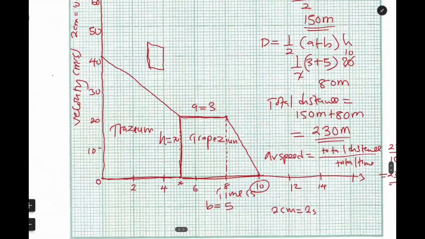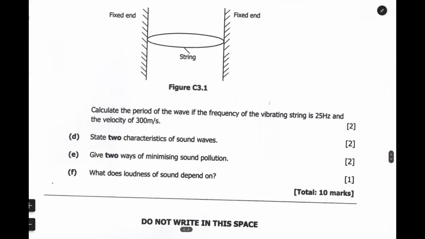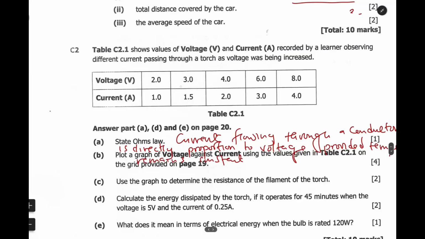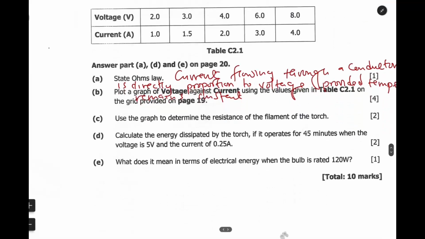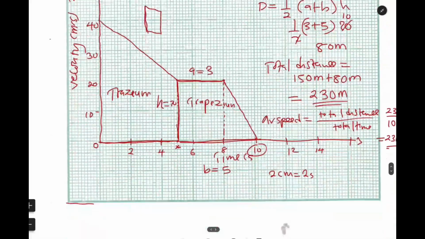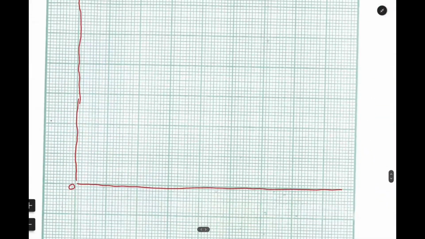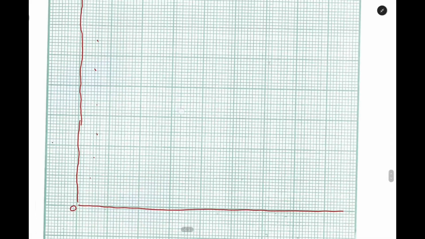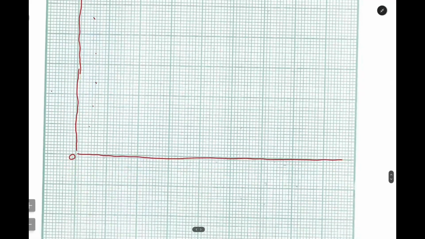So how are we going to move? If you look at the way it is here, you determine the scale. Look at the voltage: it moves 2, 3, 4, 6, 8. The highest number is 8. So how many boxes do we have here? 1, 2, 3, 4, 5, 6, 7, 8. So here we can move in ones.